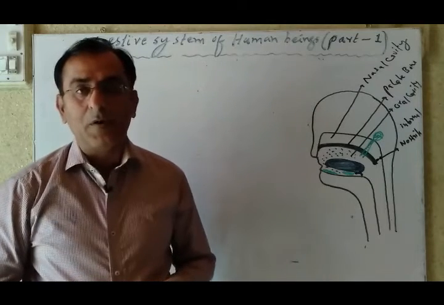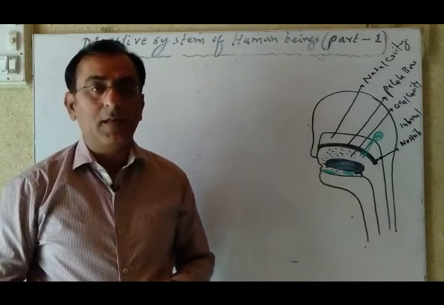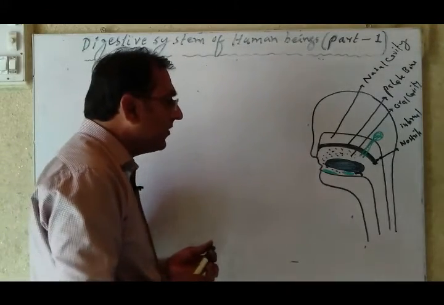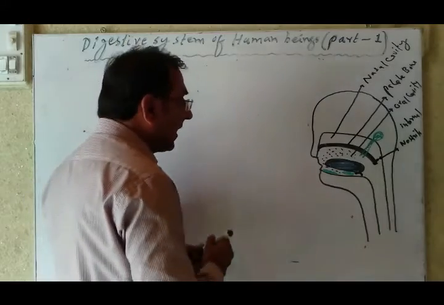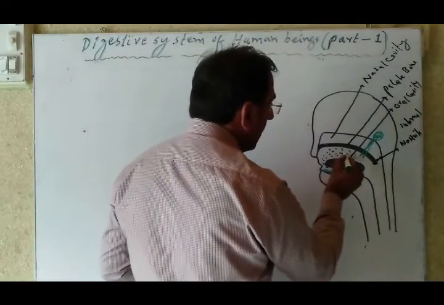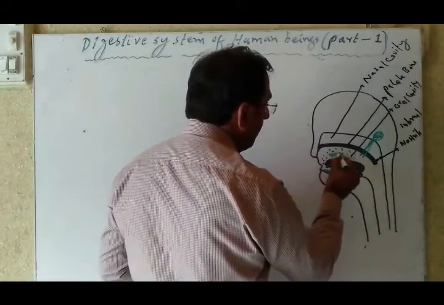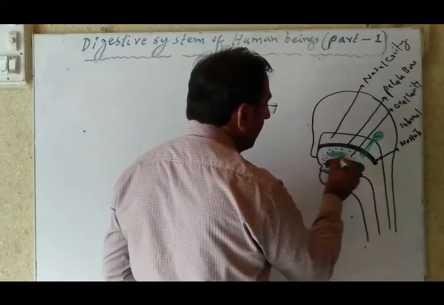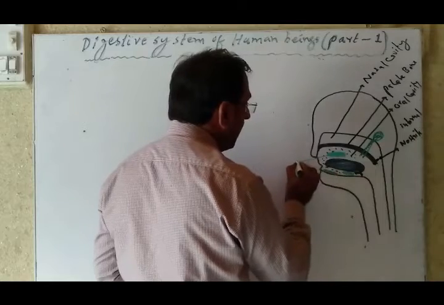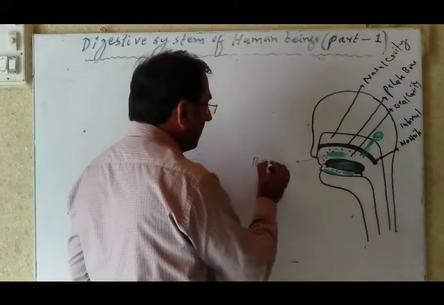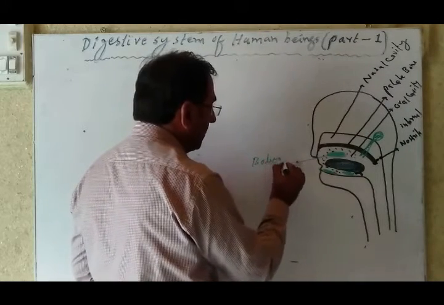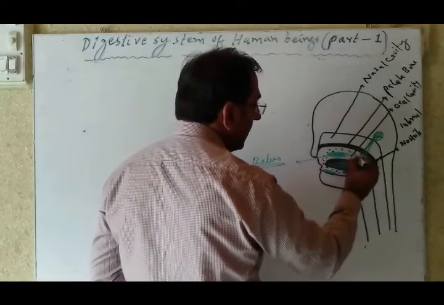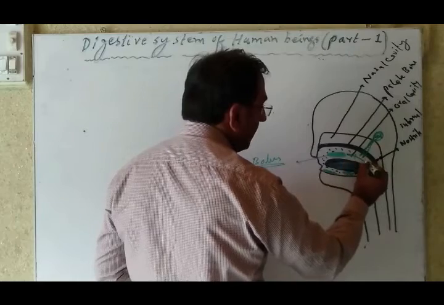When the chemical form of the food changes, it is known as chemical digestion. After the physical and chemical digestion, an oval shape, partially digested form of the food is formed in the oral cavity, known as bolus.